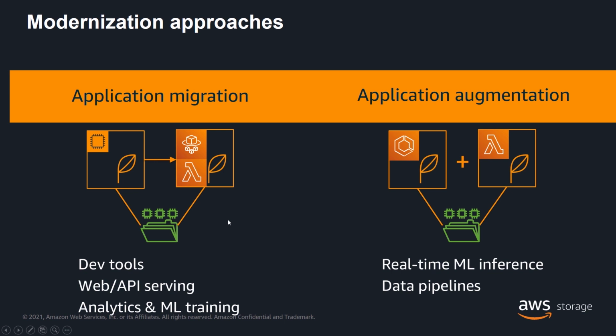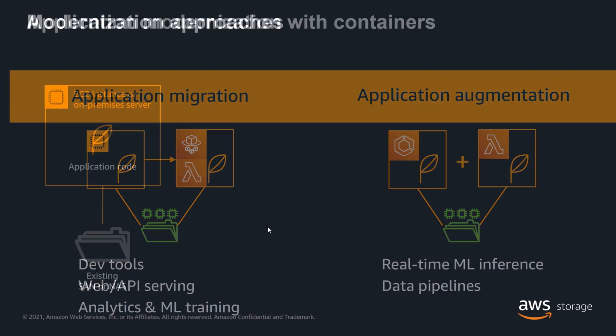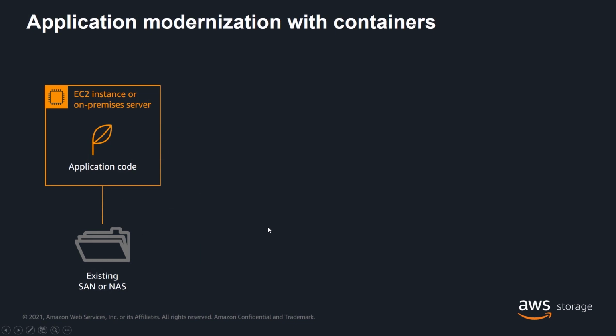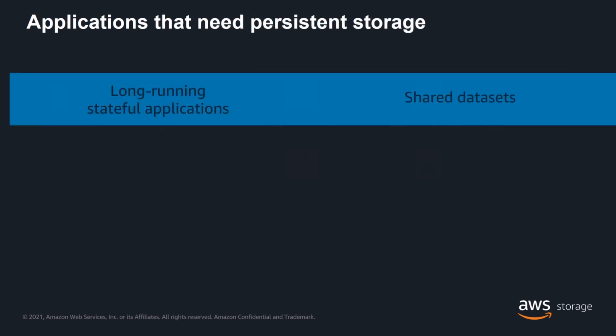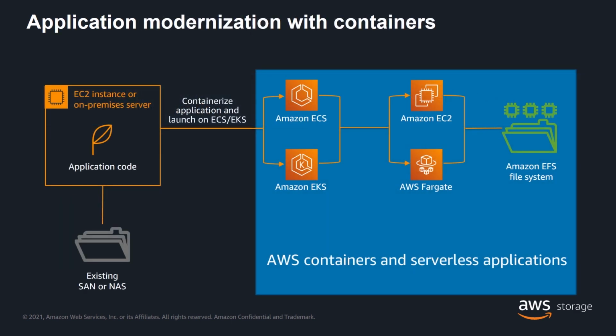Many customers are migrating existing applications from on-premises or EC2 instances into containers and serverless to simplify operations, lower their compute costs, and scale more elastically. With EFS integrations with ECS, EKS, and Fargate, applications that need shared or persistent storage can be easily migrated, and you can take advantage of serverless storage that scales elastically, so to speak, with your application.